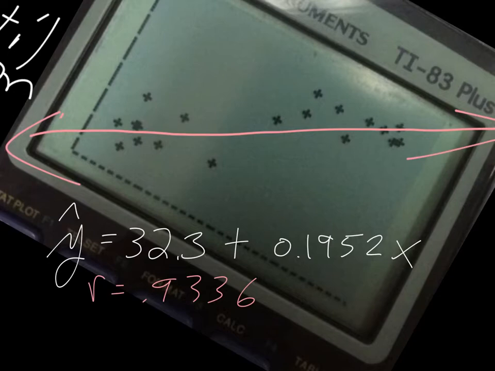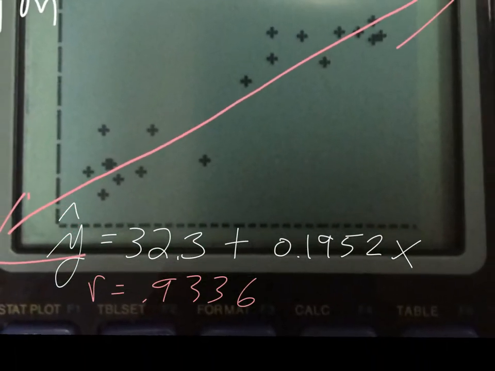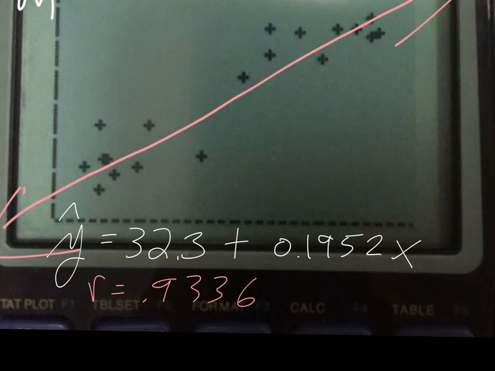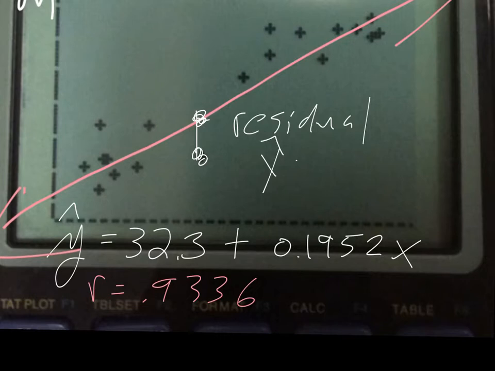So this distance here, we're going to turn it back to vertical here. So this distance between the line and the data point is what's called a residual. And it's found by taking the y hat value minus the actual y value. All right, and that tells you that distance. All right, so a point that is below the line will have a negative residual because the y hat number is larger.